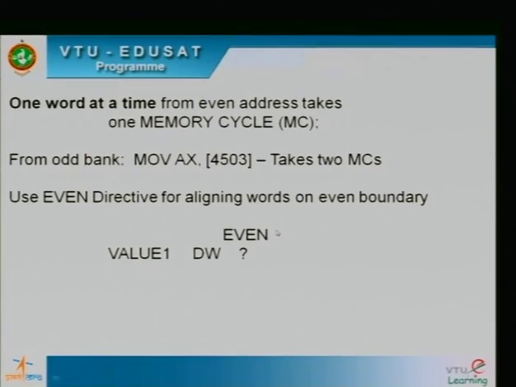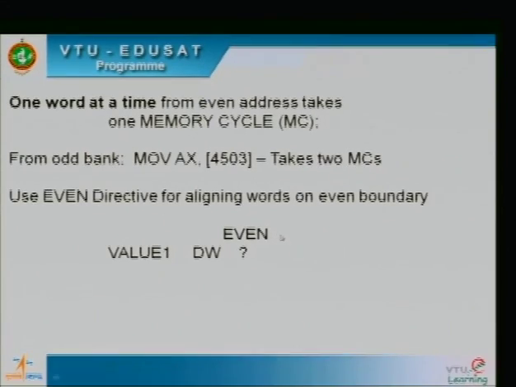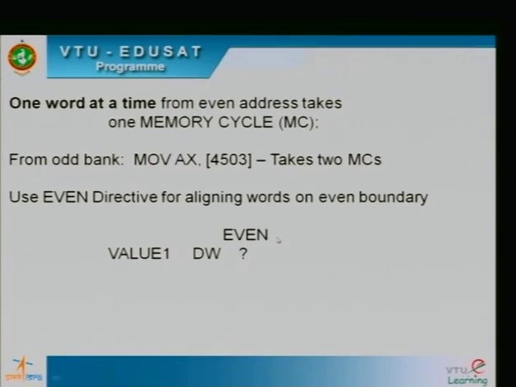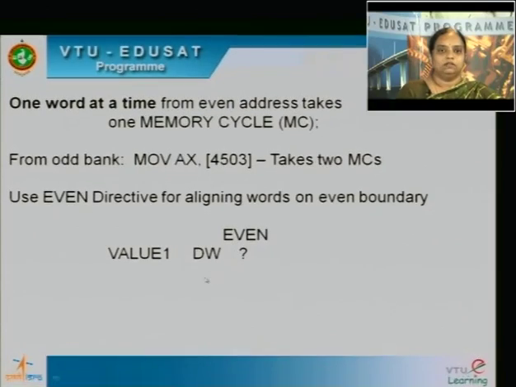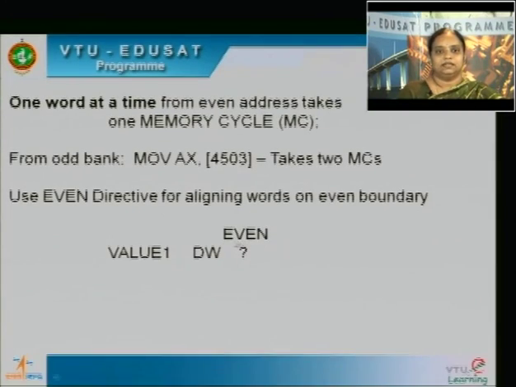When you are writing an assembly language program, assigning the address is the job of the linker. To tell the linker that we would like to have all the words stored on an even boundary, we can use the directive even.